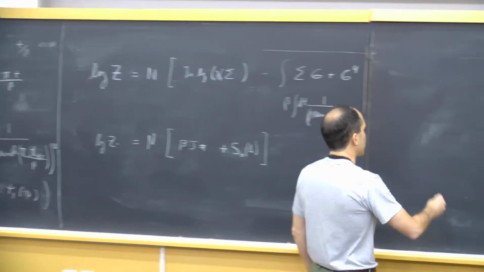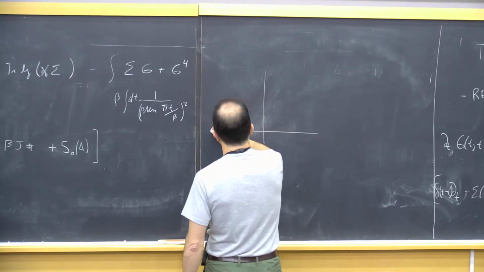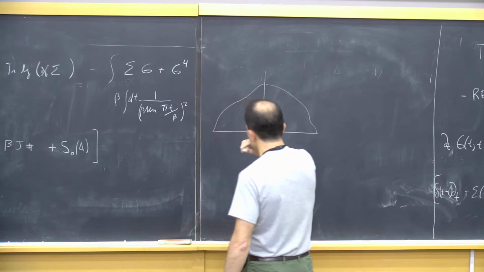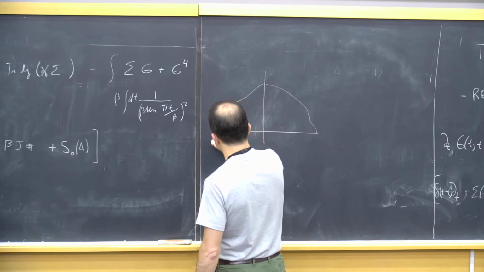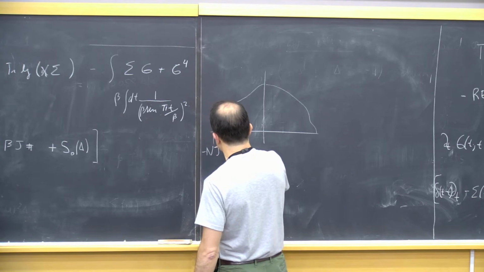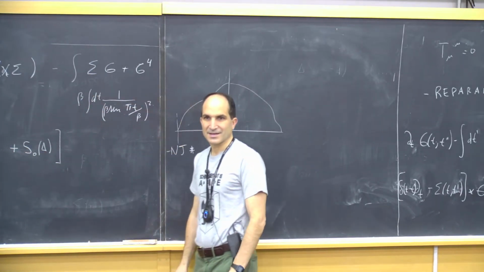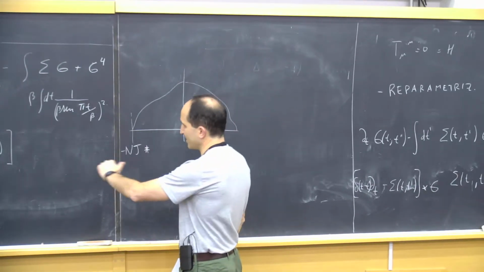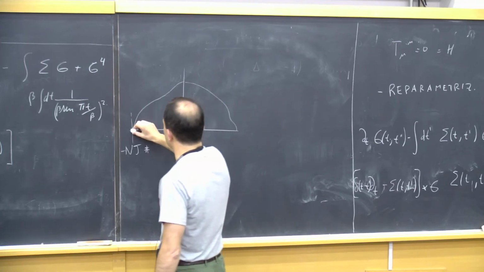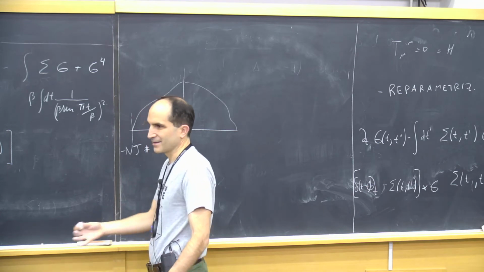Now, remember the picture we had for the spectrum. The picture we had for the spectrum was something like this, right? Now, the ground state energy would be this value. So here we said there was a value of minus n times j times some number. And this number should be the same as this number. It's not calculable within the low energy theory, but you could in principle calculate it. But it's not interesting because it's just a subtraction you can do.